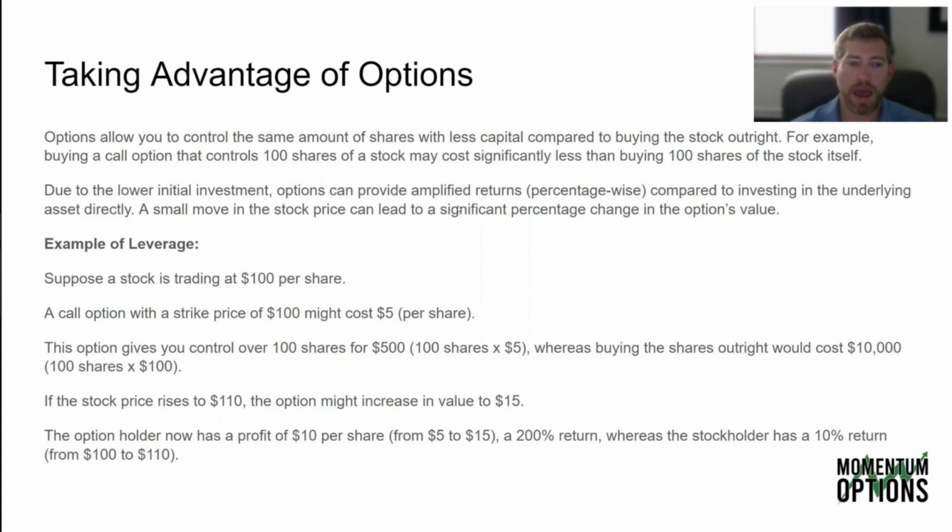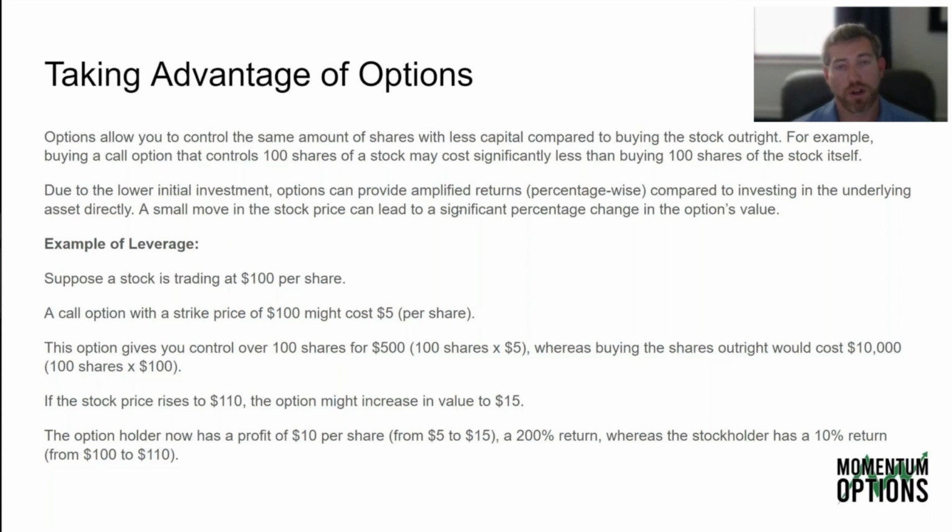And if you expect the price on that asset to move, let's say $10 in the next day, now it would cost you $10,000 to make a $1,000 profit on those shares. But using the options, you could actually make a $1,500 profit only using $500.